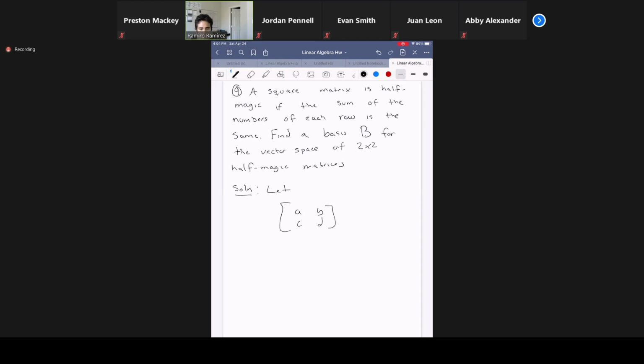Basically, what we're going to do is try to find conditions on A, B, C, and D. It says that since the rows and the columns have to be the same, if you add them up, that means that A plus B has to equal A plus C. And also, C plus D is equal to B plus D. So from here, we can get that B has to equal C. From these two, right?